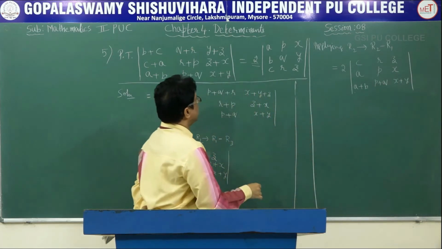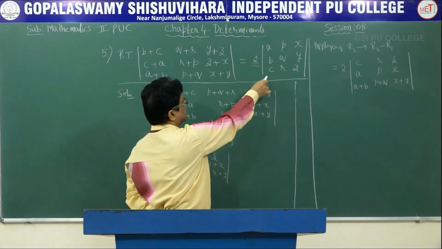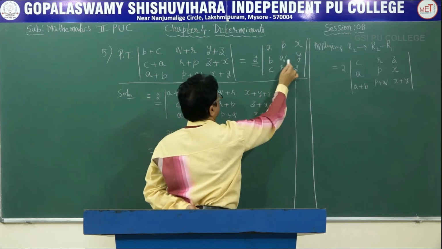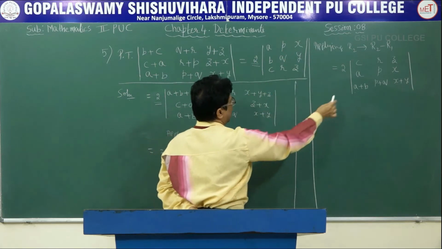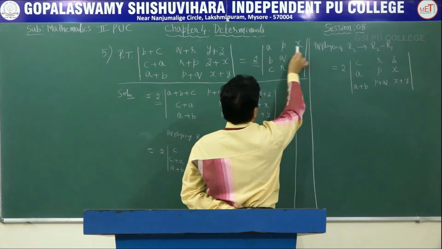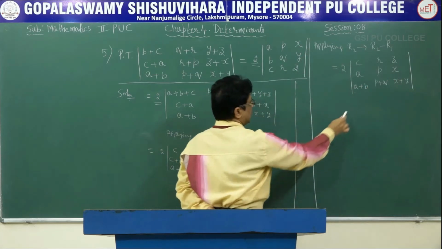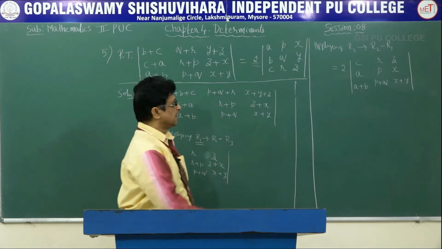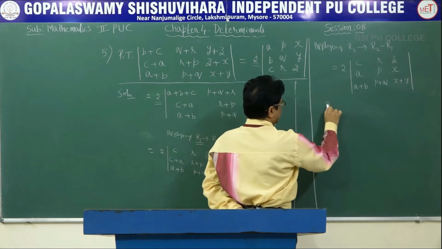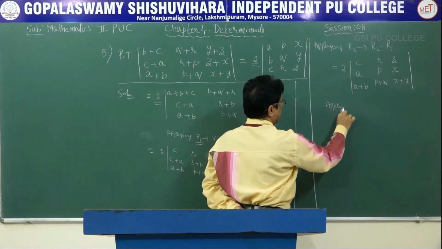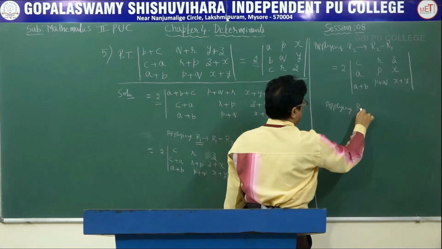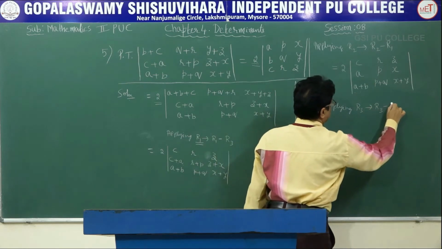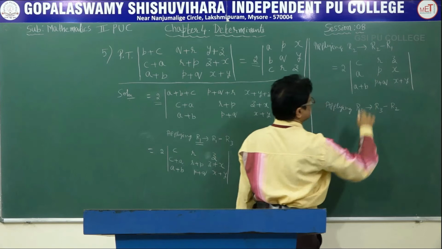Now our aim is to show the final answer as 2 into the determinant of a p x, b q y, c r z. So already c r z is there and a p x is also there. So we have to eliminate one term from row 3. So applying R3 by R3 minus R2.